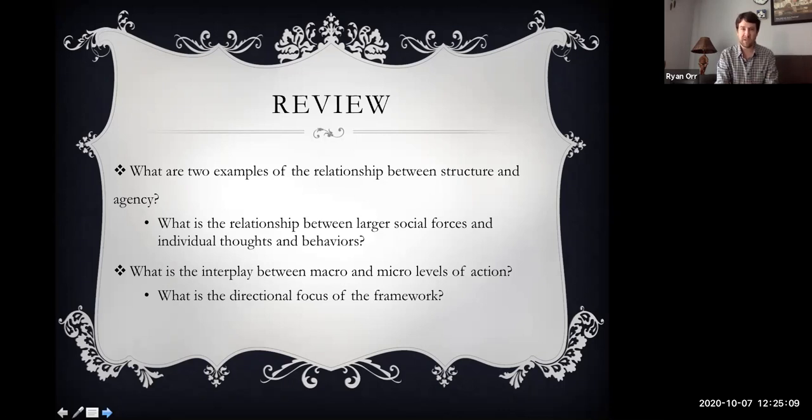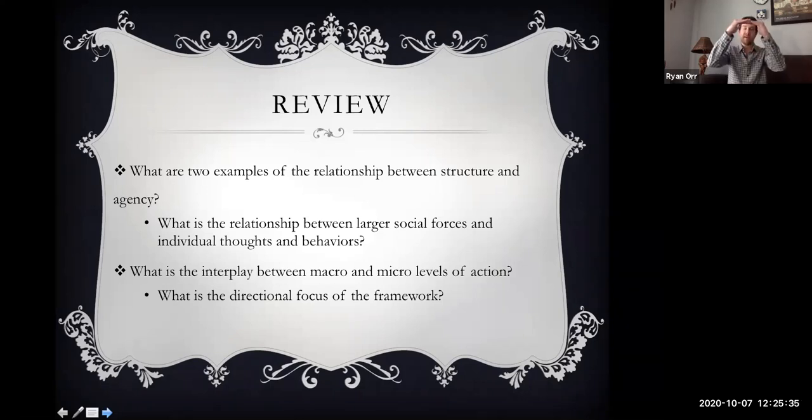The first question basically is, how is the action being produced? Well, the action of people consuming certain things is based upon people knowing the culture and knowing how to play that cultural game. When we look at macro and micro, we're looking at a different question, not how the action is produced, but the directional focus of the framework.